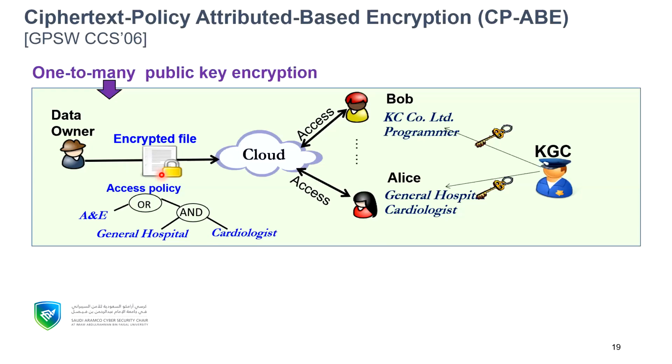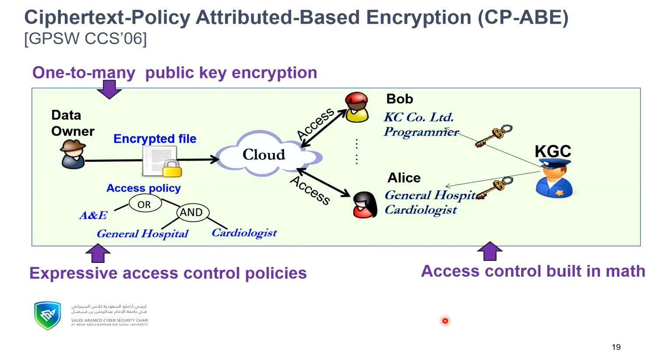In the traditional public key solution, you have to perform many public key encryptions. The second feature of ABE is that the access policy can be very expressive to satisfy the business requirements of the organization. So essentially, any Boolean expression can be used as access policy.